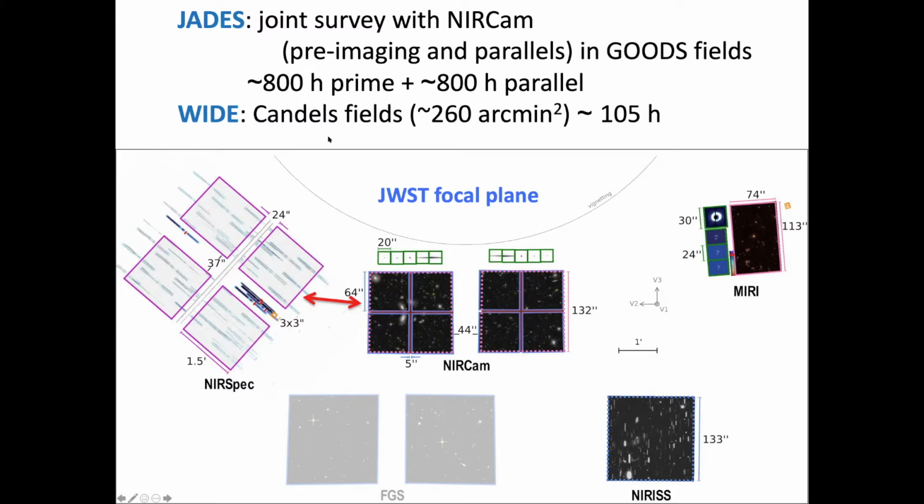We will also have the wide component of the survey, which, as the name says, covers a wider area of about 260 arcminutes in the CANDELS fields. And here we dedicate about 100 hours of spectroscopic observation.